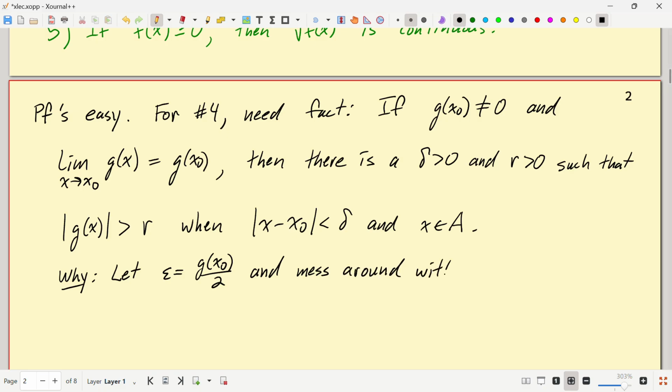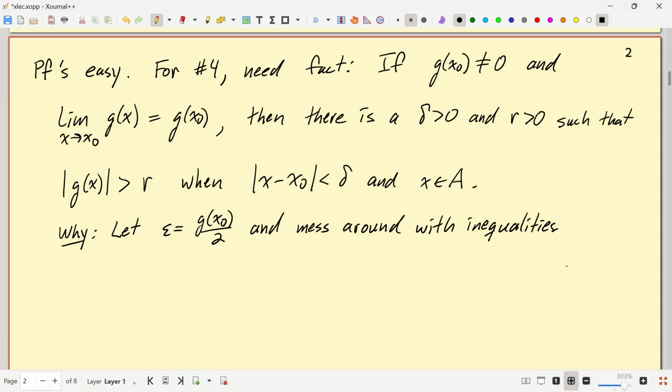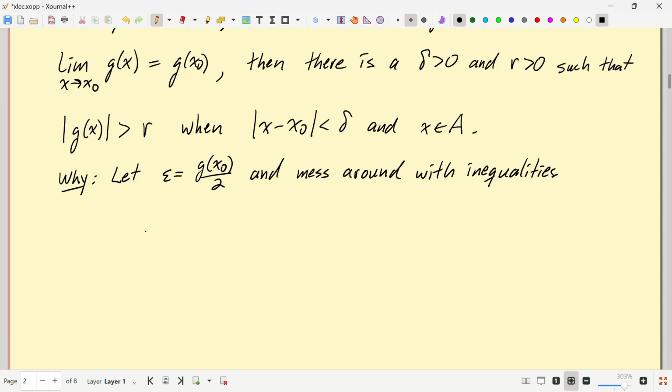I did it carefully before. I think I did it in a positive case. But when you mess around with inequalities, you can maybe think of two cases.